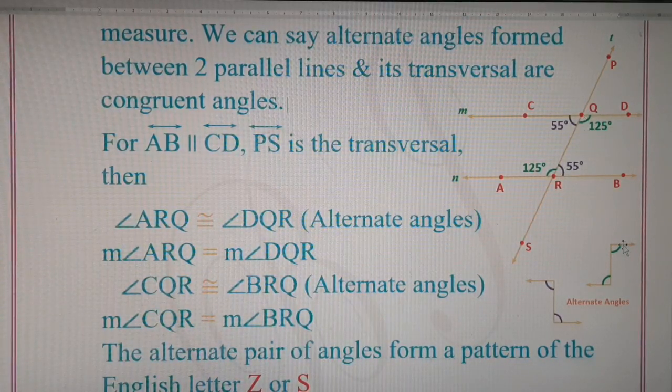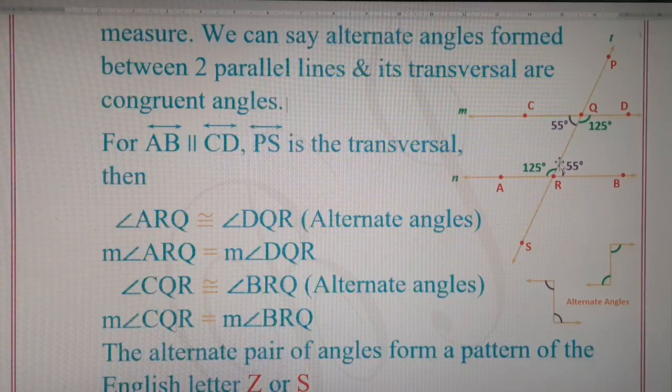So we'll get a pattern like the design of S, angle ARQ and angle DQR. This S pattern is formed. That means these two angles which are marked in the green color are known as the alternate angles.